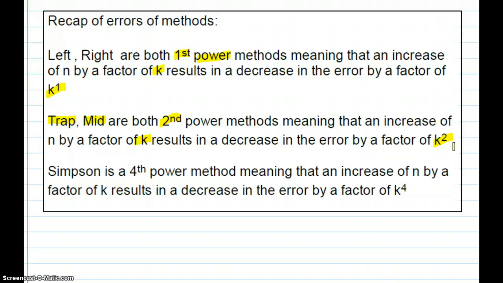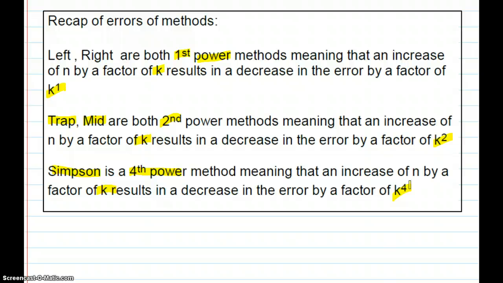Then Simpson came in, and it turned out to be a fourth power method, meaning that an increase of n by a factor of k results in a decrease in the error by a factor of k to the fourth. So if you increase n by a factor of 10, the error is going to go down by a factor of 10,000.